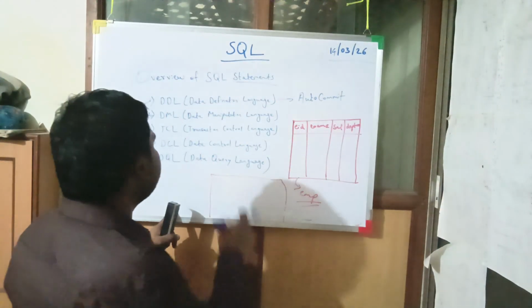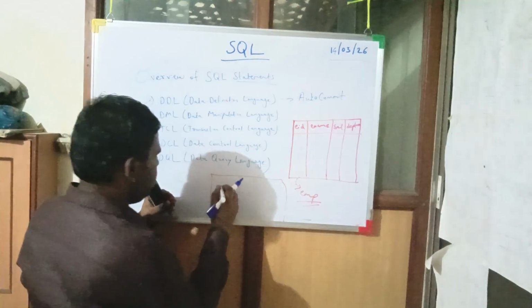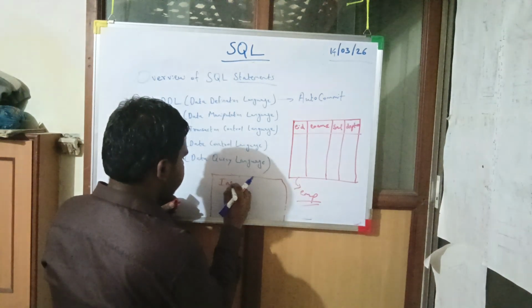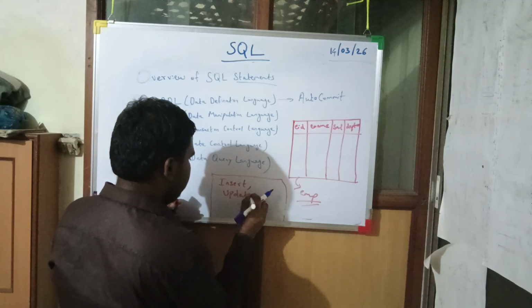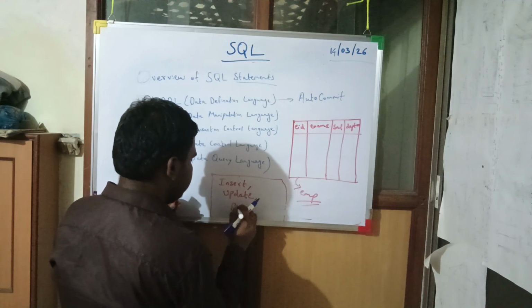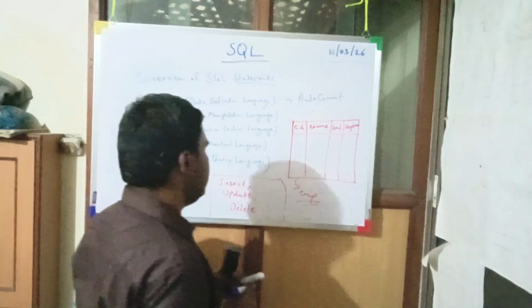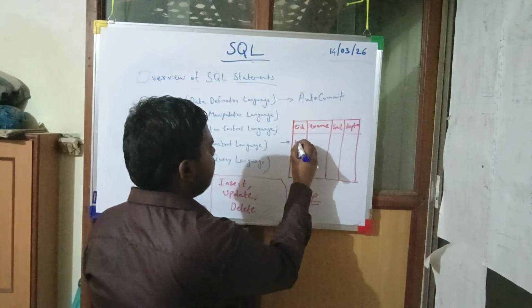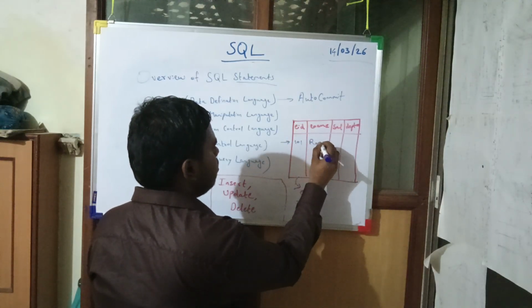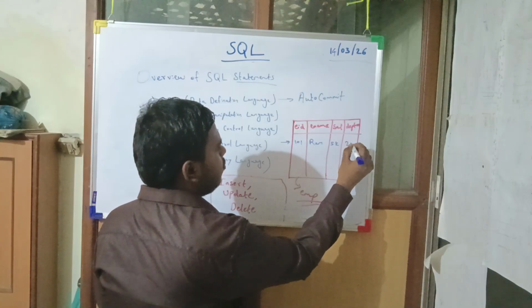So the subtypes of DML are insert, update, delete. Suppose I am inserting data: employee ID 101, name Ram, salary $5,000, department number 20.